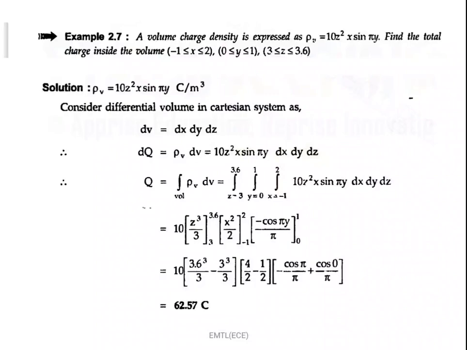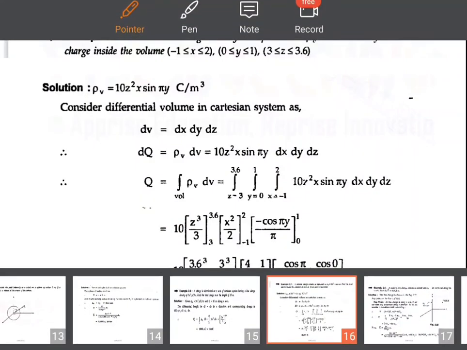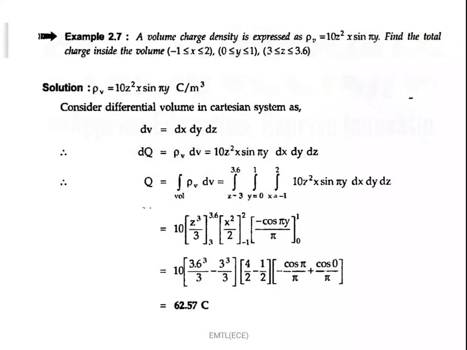Whenever you have to find the value of Q, simply integrate on both sides, that is a volume integral. Here in the given problem, the variable limits are also given: for x, -1 to 2, for y, 0 to 1, for z, -3 to 3.6.